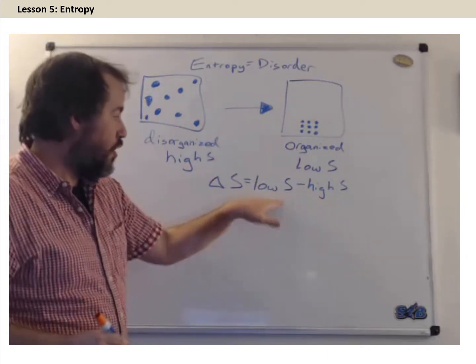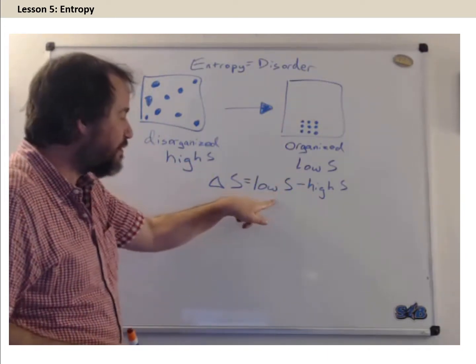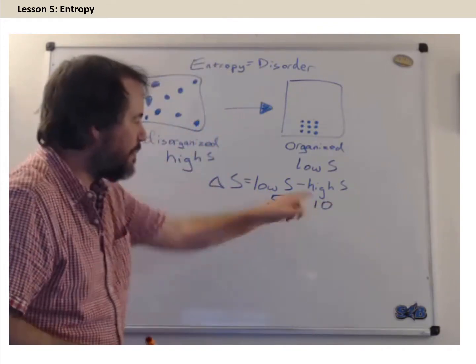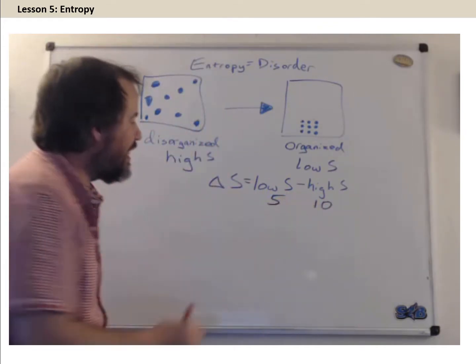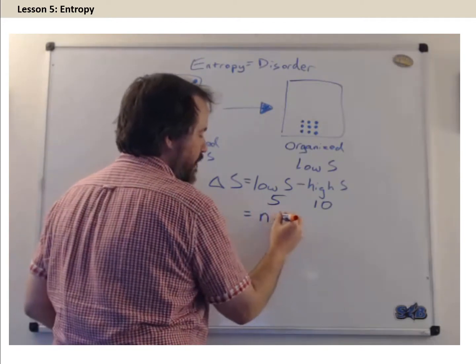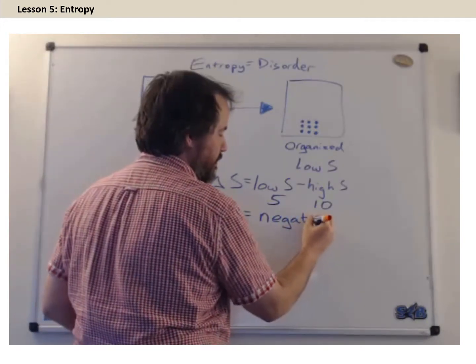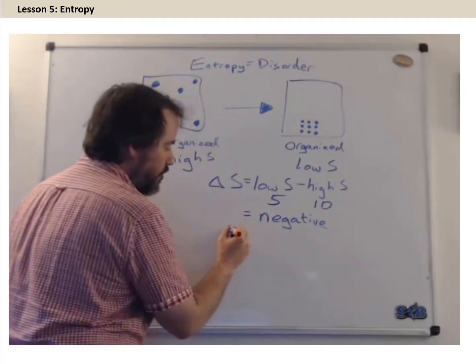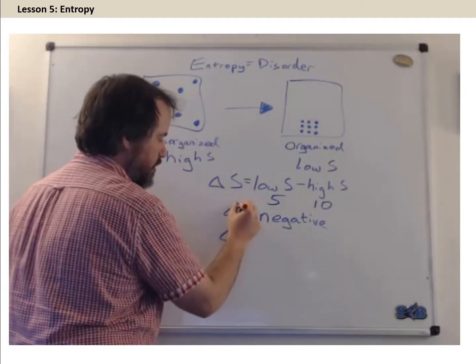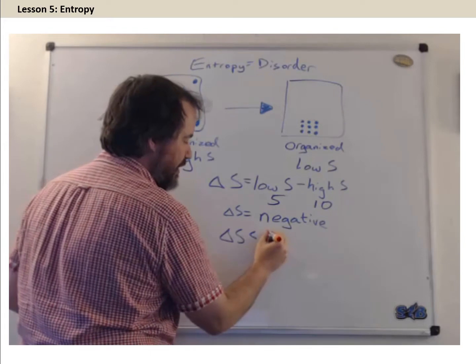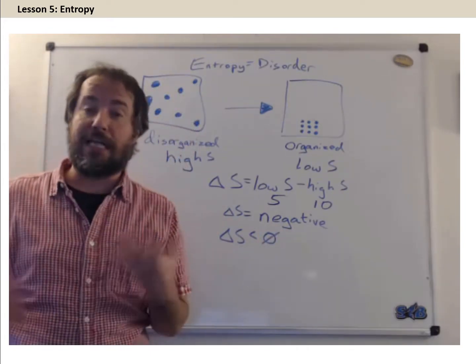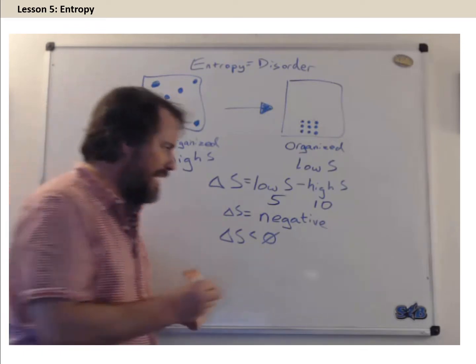Let's say this is 5, this is 10. I don't know exactly what they are, but this is bigger. So this is going to give me a negative delta S. A negative delta S we can also write as less than 0.